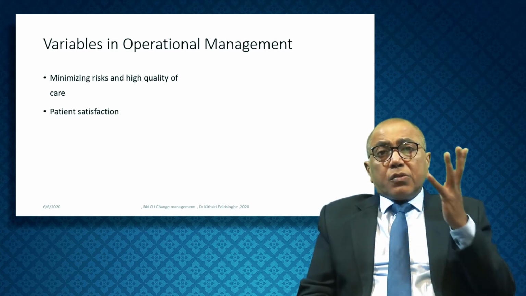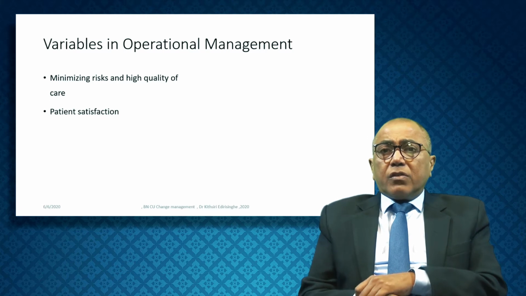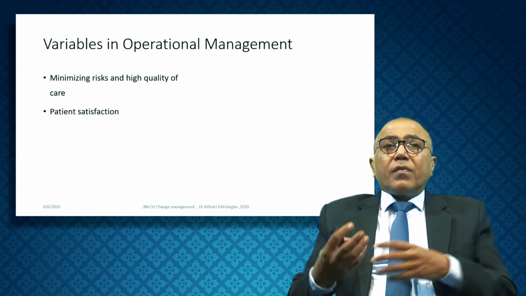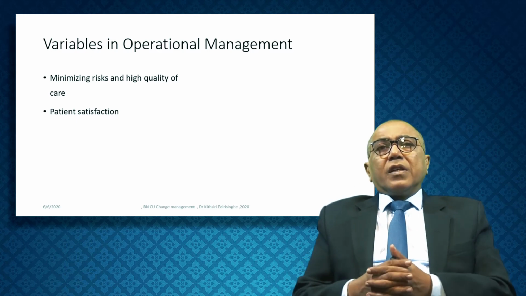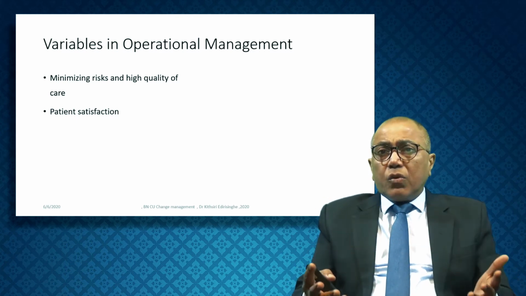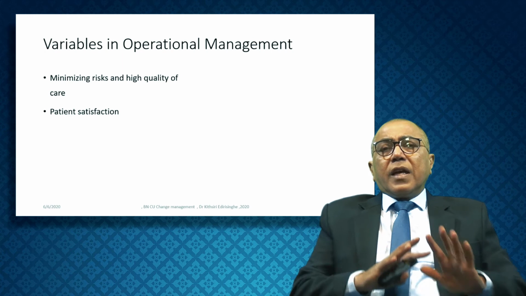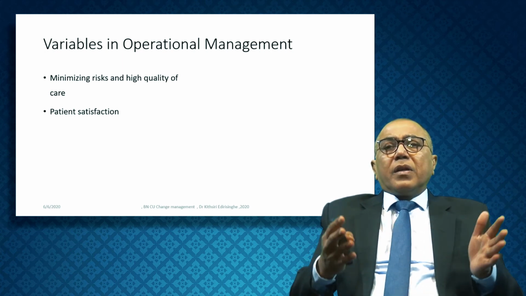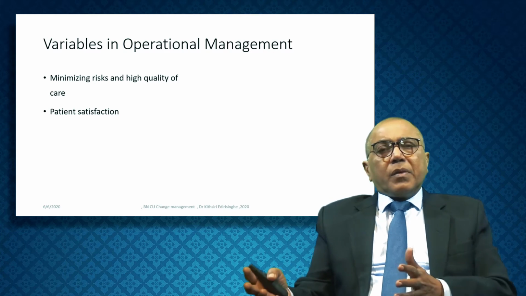Then you have to satisfy the patient. Very difficult to do, because patients have needs and wants both, but we can only accommodate their needs. For example, chest pain needs a treatment.